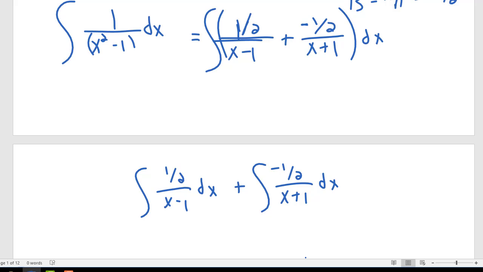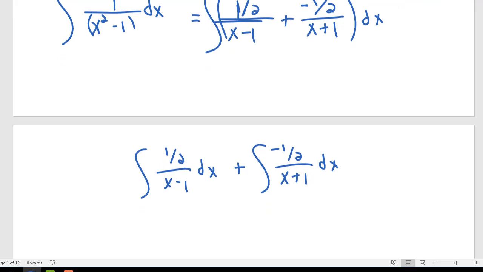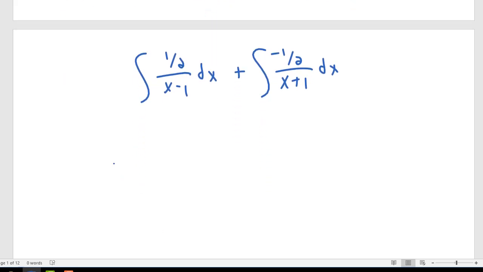So partial fractions is a possible process we use to evaluate that integral. Partial fractions involves the algebraic process of breaking the fraction up into simpler forms, and then we integrate each of those simpler forms. So just to finish this problem off here, I'm going to pull the 1/2 in front of the integral, and I have 1 over x minus 1.